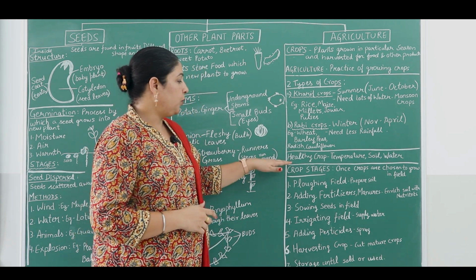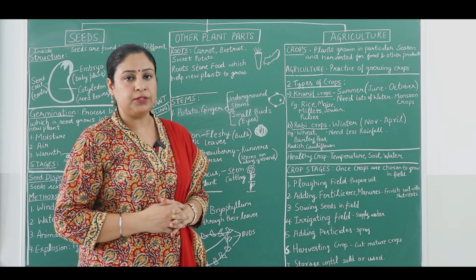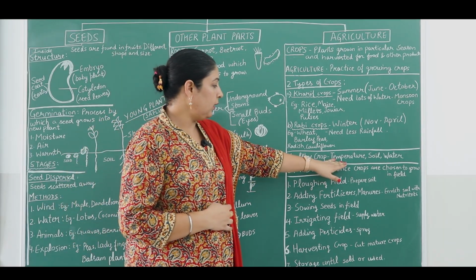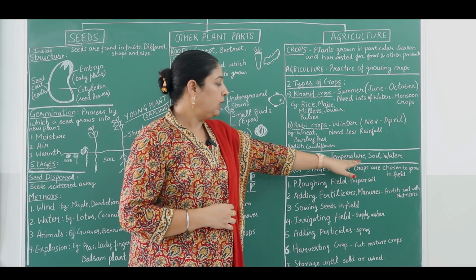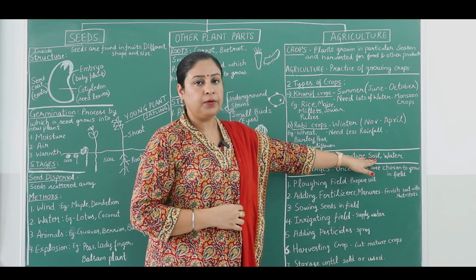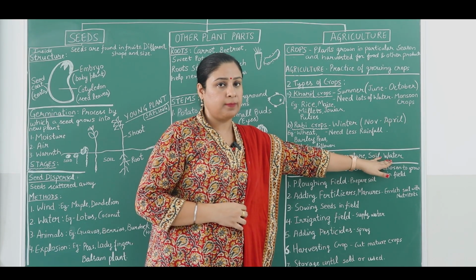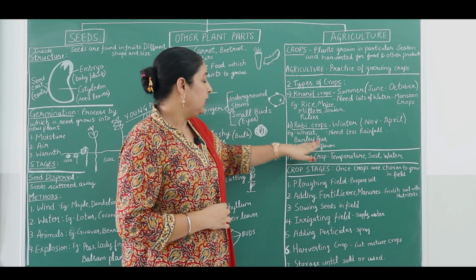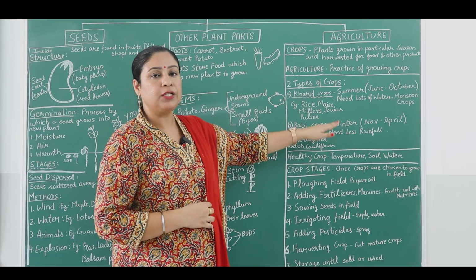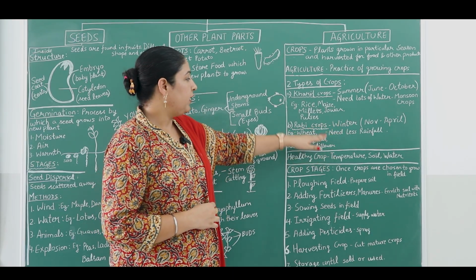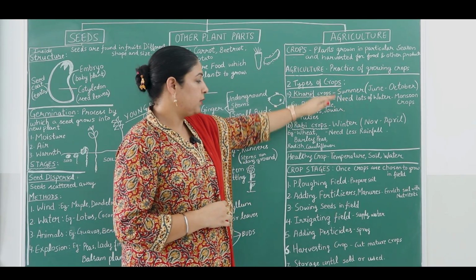Now to grow a healthy crop, we need to take into consideration a few factors. First of all, we need to take care of the temperature at which we can raise a crop, the soil required for that particular crop, and the water. Water is an essential part for growing the crops. Like for temperature, in this case we can see cauliflower needs lower temperature, that's why they are sown in the month of winter, whereas rice, maize, they are sown in the month of hot summers.